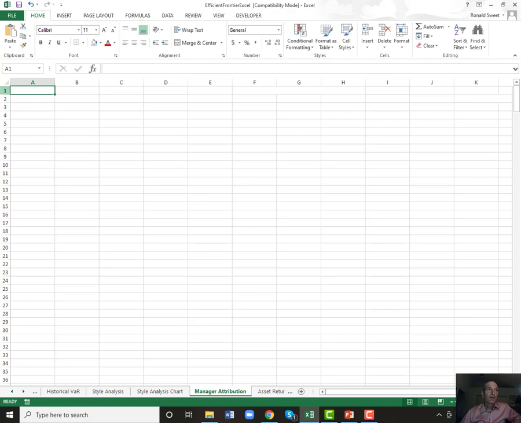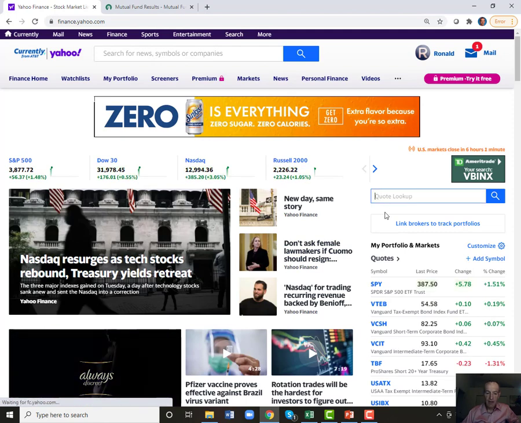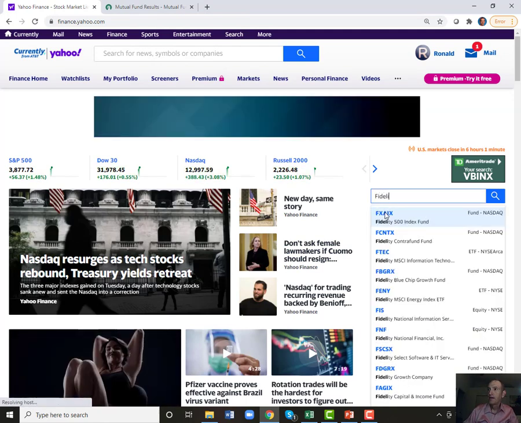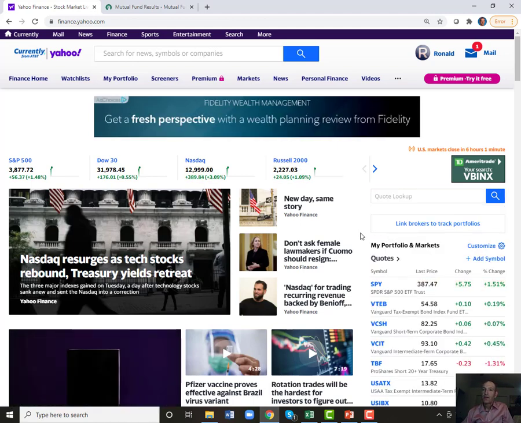The first thing we're going to do is go find a mutual fund. Again, I'm going to use the Fidelity Contra Fund. There it is right there.